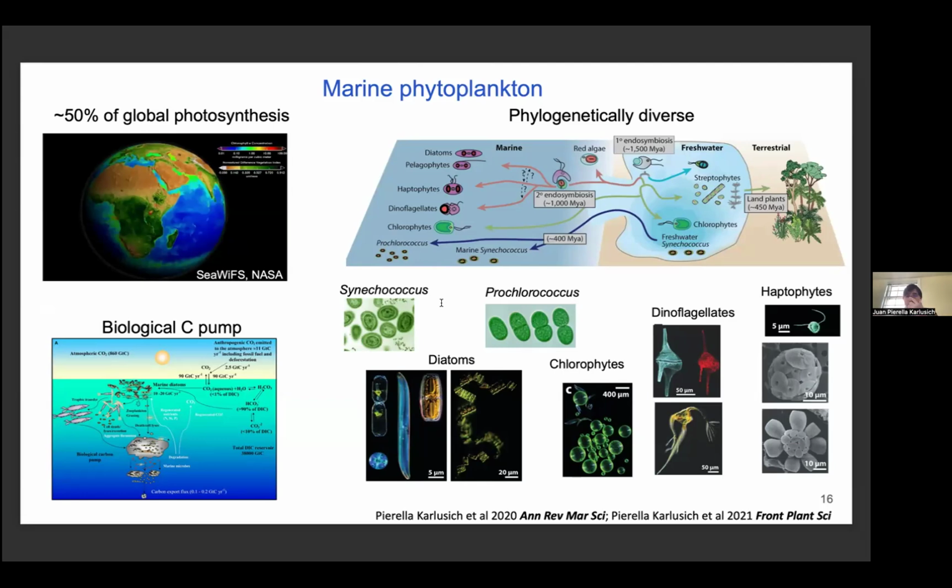An important issue about phytoplankton is that they are phylogenetically very diverse. They consist of some lineages of cyanobacteria, like Synechococcus, Prochlorococcus, Trichodesmium, Richelia, as well as many different lineages of eukaryotes that obtained their chloroplast through different events of endosymbiosis.